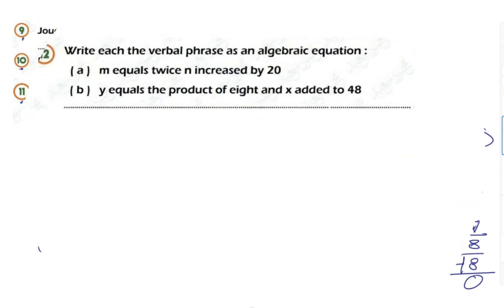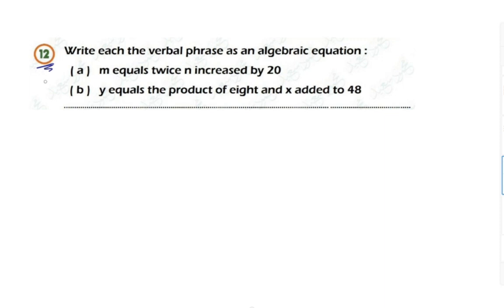Let's continue. Last question of our video. We have question 12. Write each verbal phrase as an algebraic equation. Verbal phrases are some words, and here use numbers and variables. Point A, m equals twice n increased by 20.